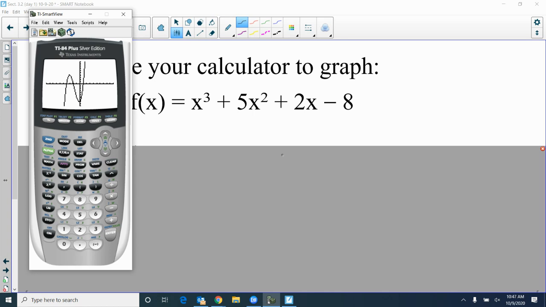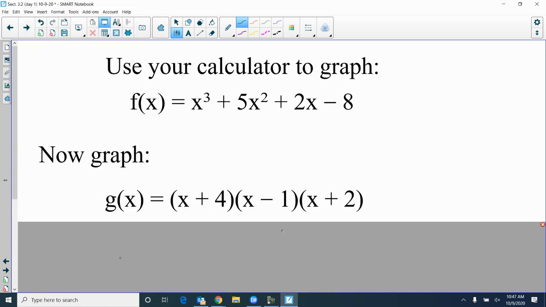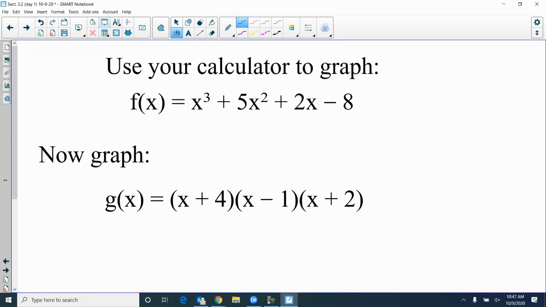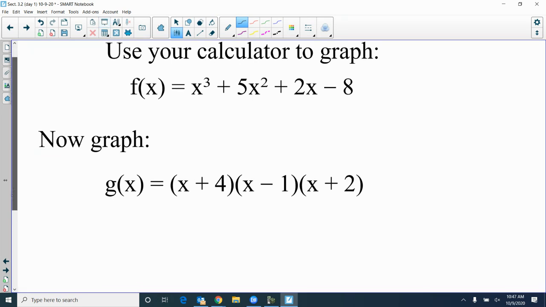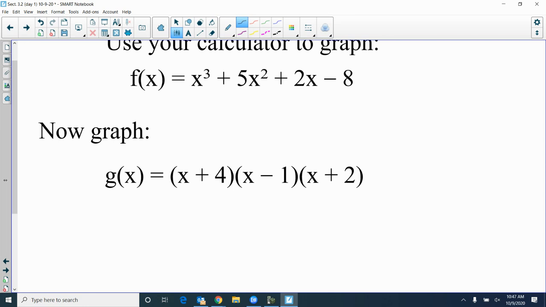All right, good. Now, go to y2 and graph this one. Okay, what's the difference?